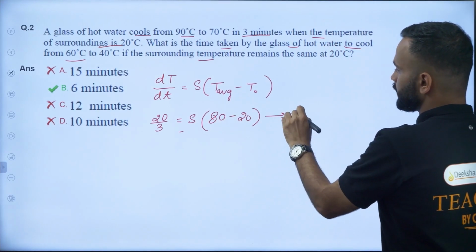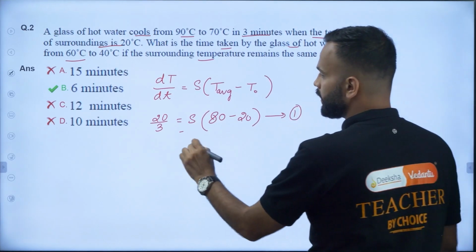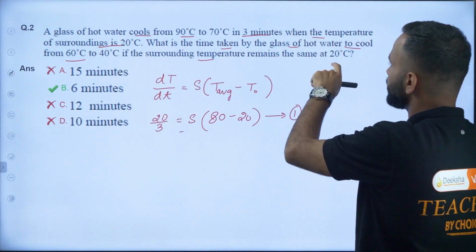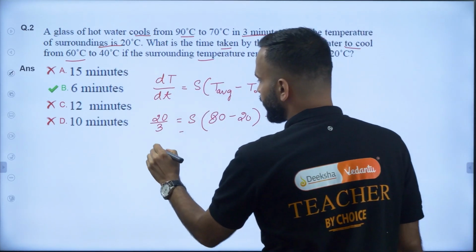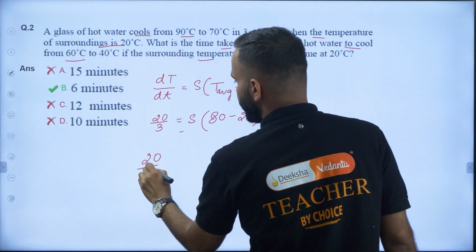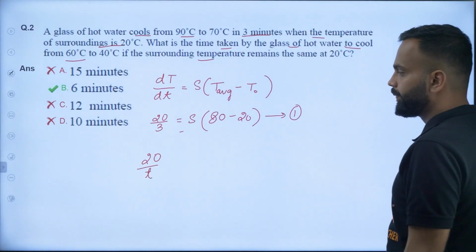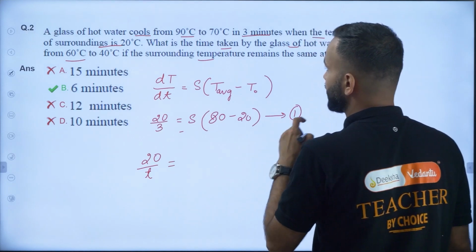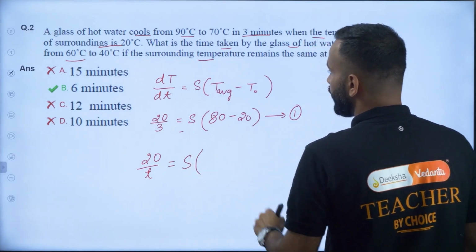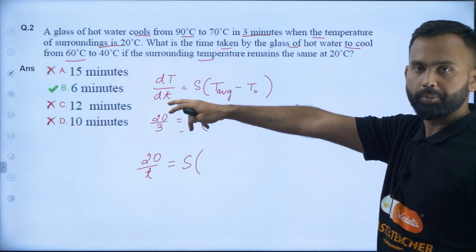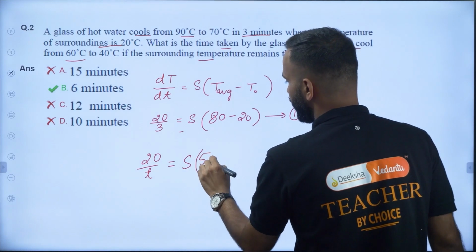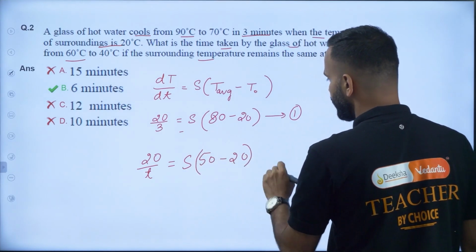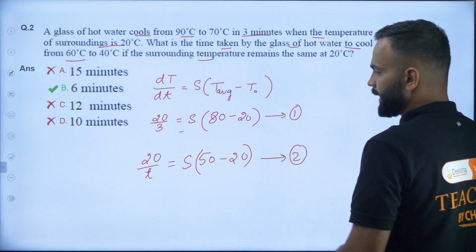So this is the first case. Now in the second case, 60 minus 40, that is 20. So 20 divided by T, we need to find the value of T. 20 by T is equal to S into average temperature, 60 plus 40 by 2, that is 50, 50 minus 20. This is the second case.